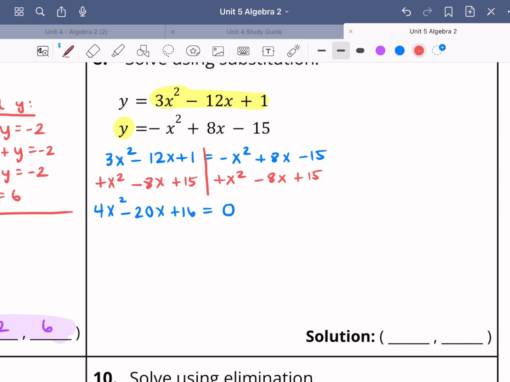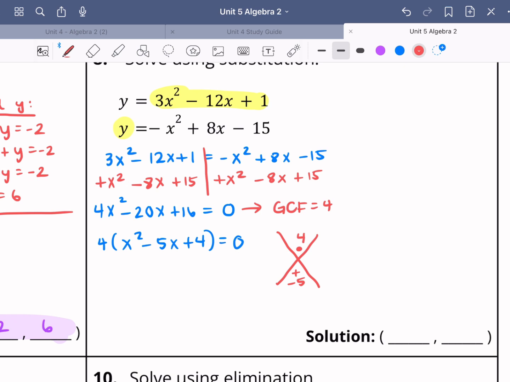This has a GCF of 4, so I'm going to factor that out first. So I have x squared minus 5x, since that would multiply to the negative 20, and then plus 4. Now I can factor using my diamond method. This needs to multiply to 4, but add to negative 5.